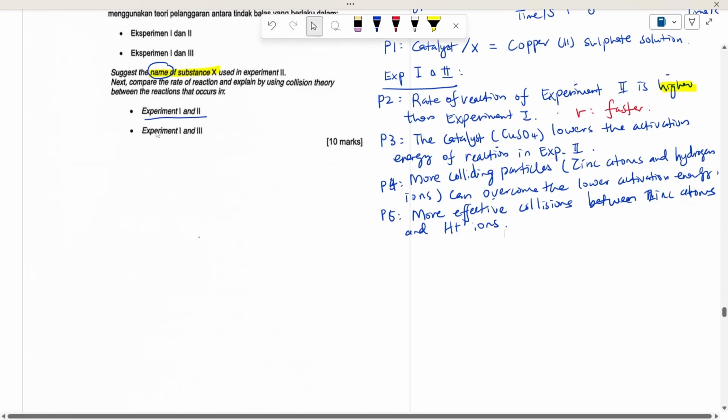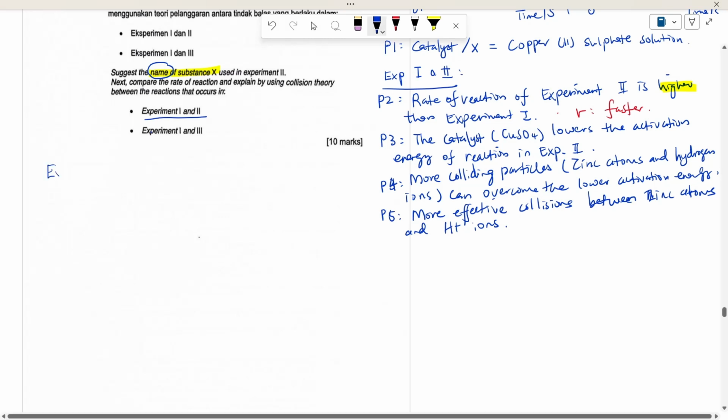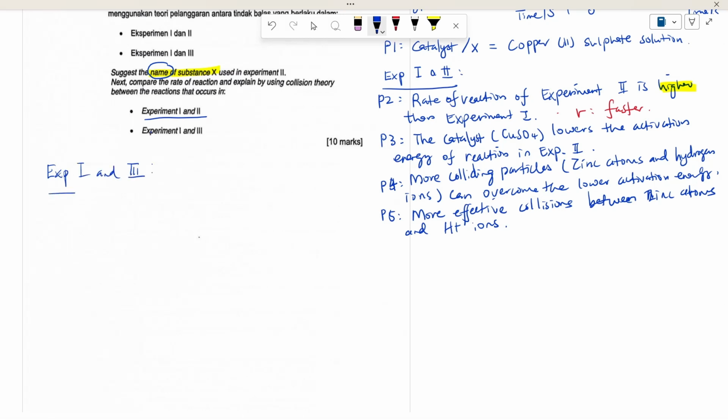Next, experiment 1 and 3. Experiments 1 and 3 differ because of the concentration. So next we are going to explain experiment 1 and 3. Point number 6: the rate of reaction of experiment 3 is higher than experiment 1.